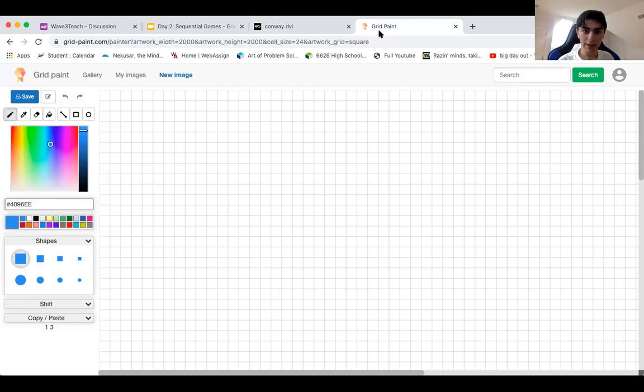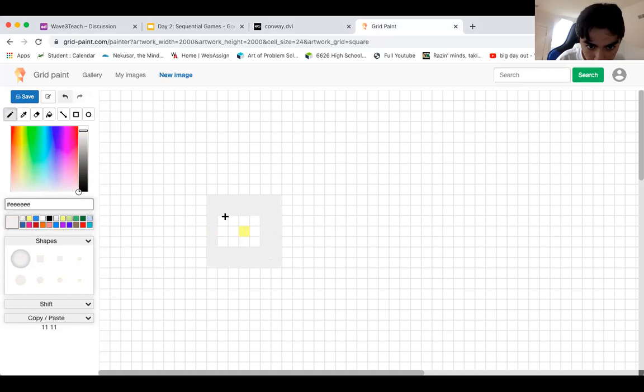So basically, we have this grid, and let's say we mark the angel with this nice yellow, and the angel can move anywhere within this square during its turn.